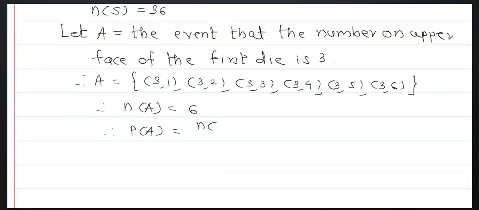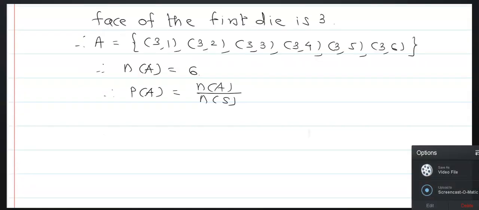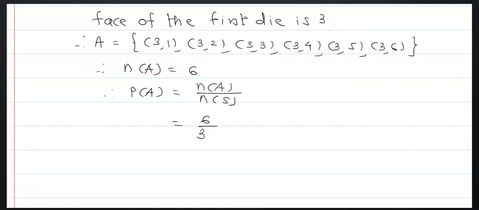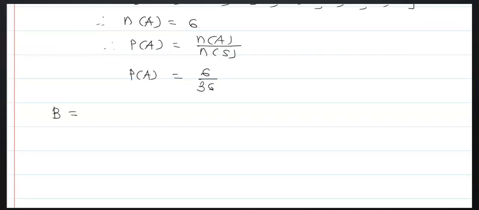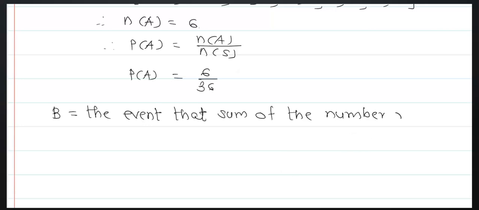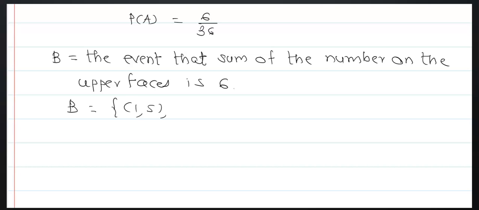P of A is equal to n of A upon n of S, that is 6 upon 36.